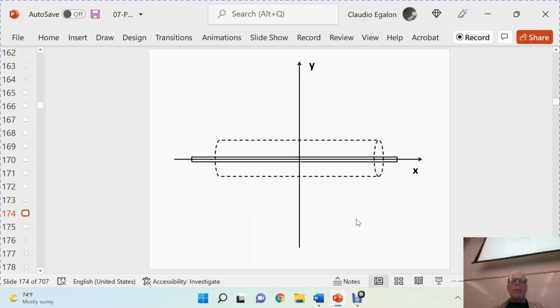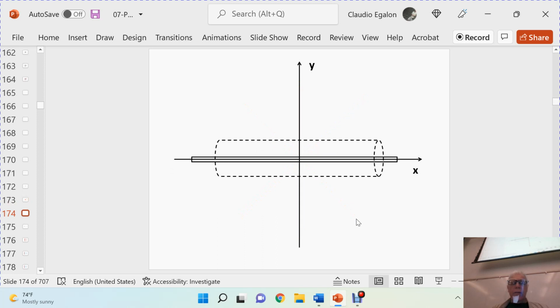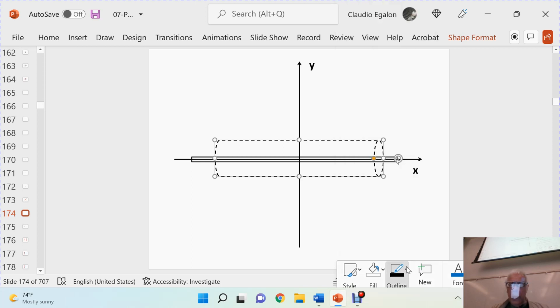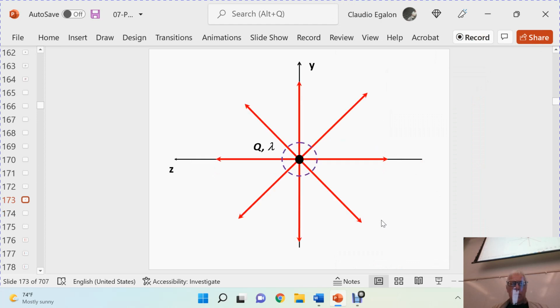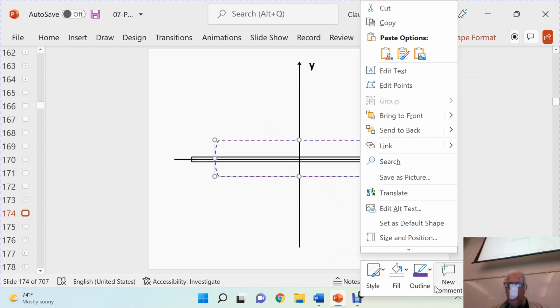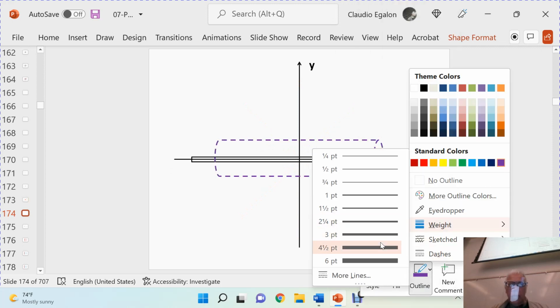If we look in the other direction along the z-axis, that Gaussian surface that I depicted before is going to look like a cylinder. I'm going to change the color of the cylinder to be consistent with the color that we had before, and increase the size of those lines too, so there is no doubt that those are the same.